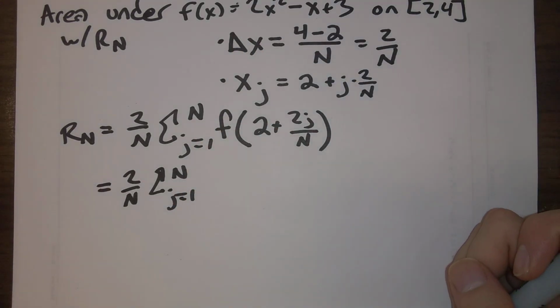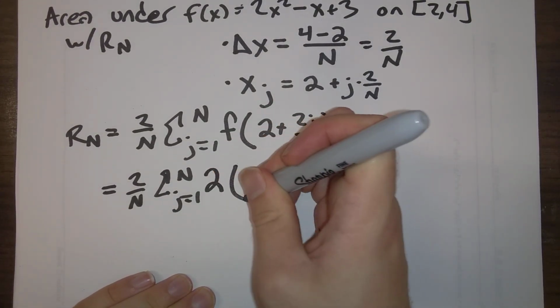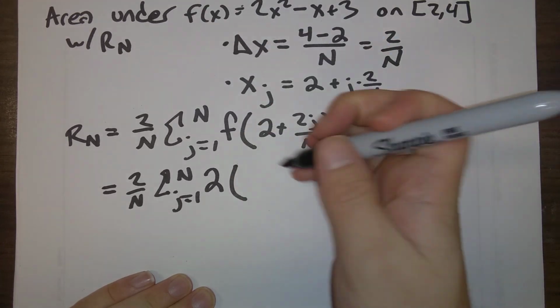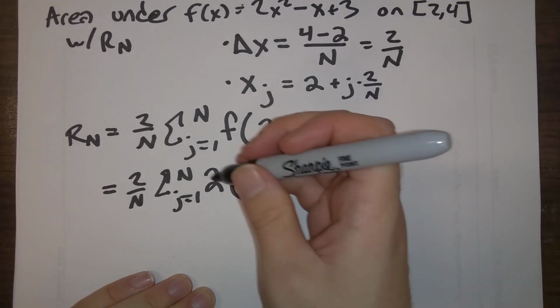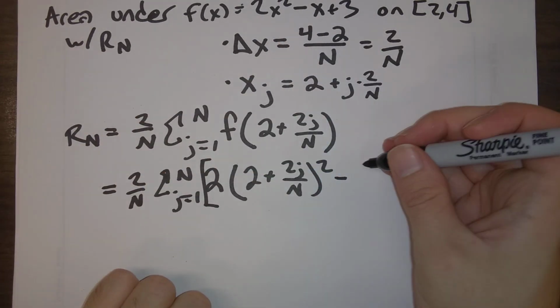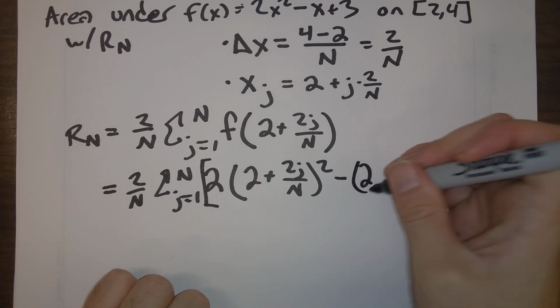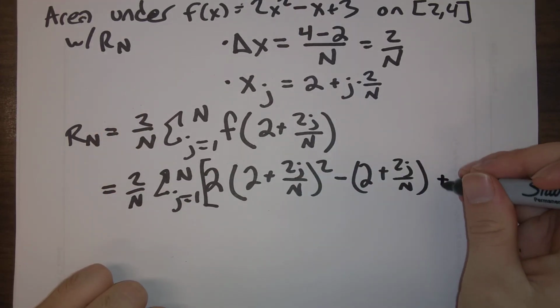This is going to be a little bit messy. We're going to get 2 times, so 2x squared, 2 times 2 plus 2j over n squared, and I'm going to put all this in big brackets, minus x, minus 2 plus 2j over n, plus 3.